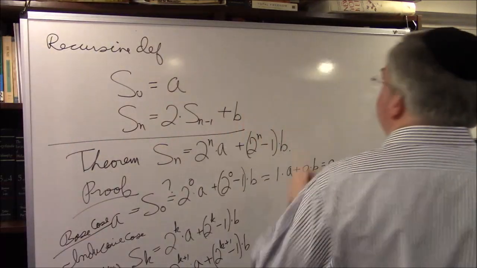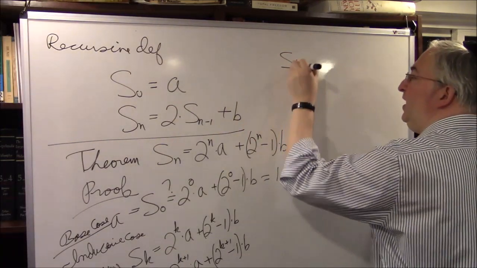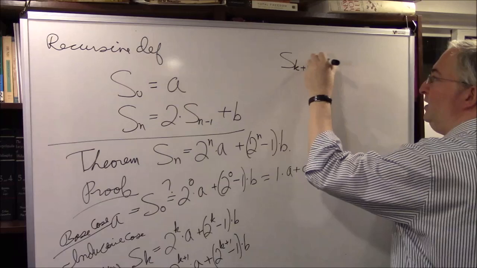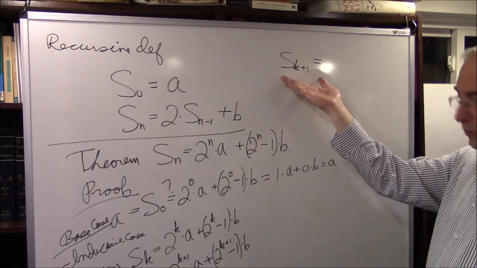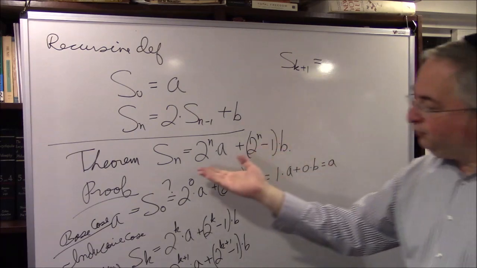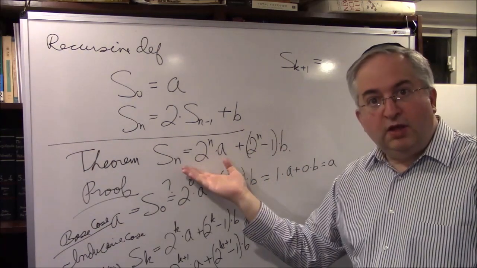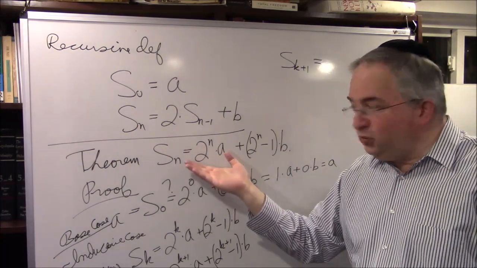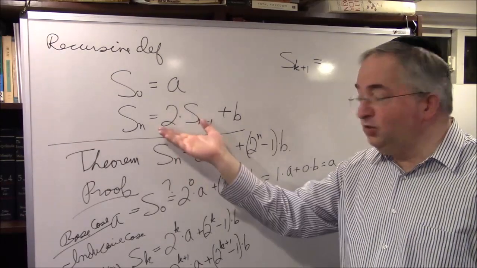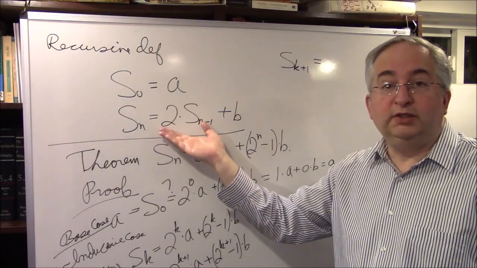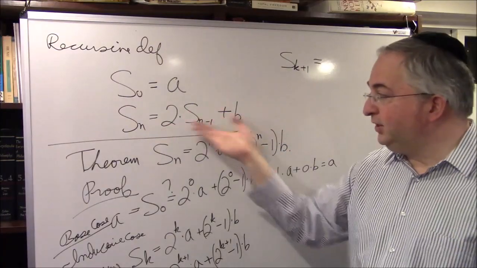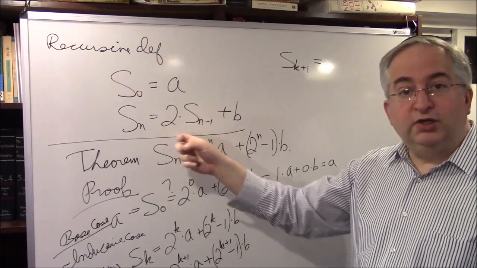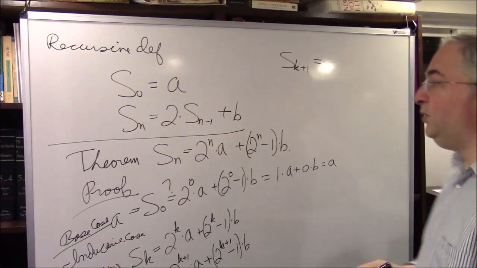So, S of k plus 1 is equal to, you know what I'm going to do? I want to write this out. I want to prove this definition. So I can't use this definition, but I can use the standard definition of what it is. This is a recursive definition, fine, but we have it, so let's use it.